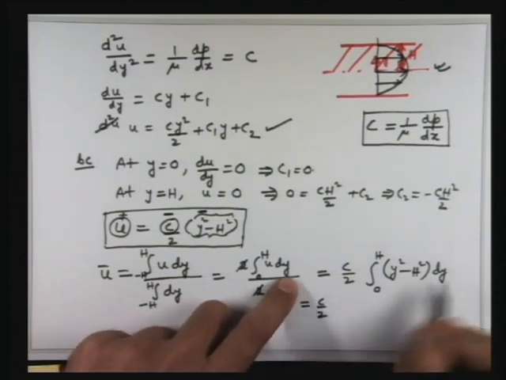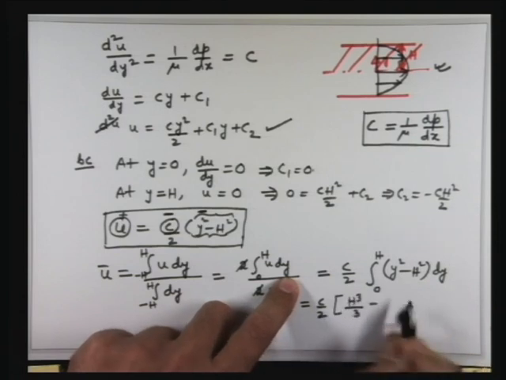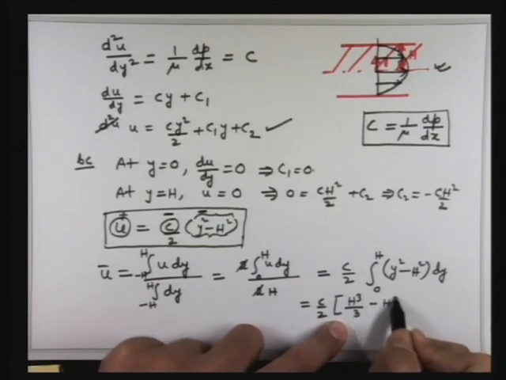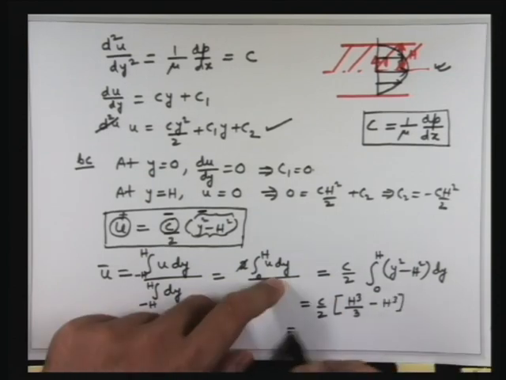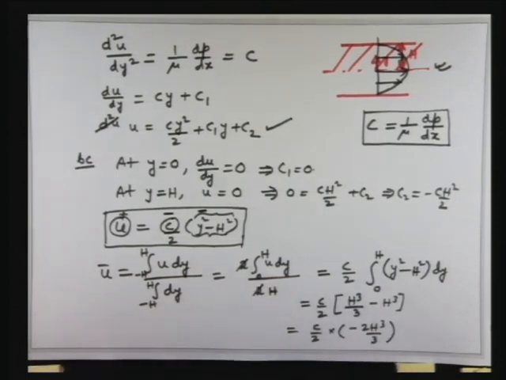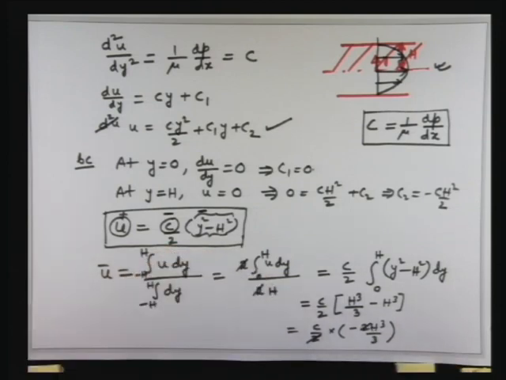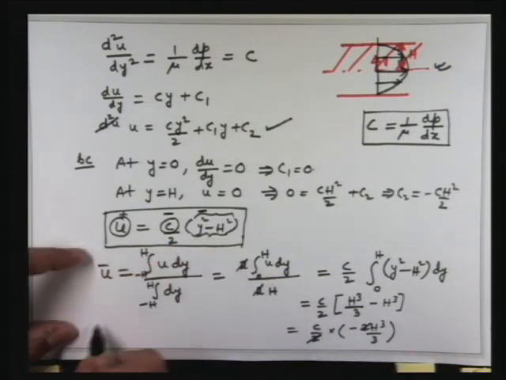Now you can write this as c by 2, let us quickly complete this. This is h cube by 3 minus h cube. So c by 2 into minus 2h cube by 3. So that 2 gets cancelled out. So what is c?